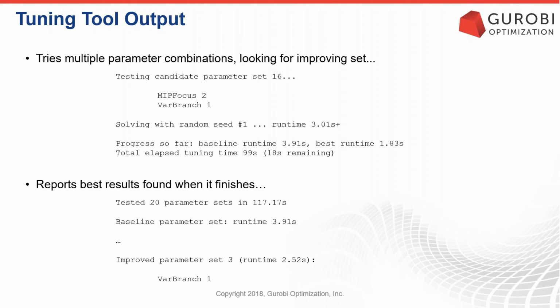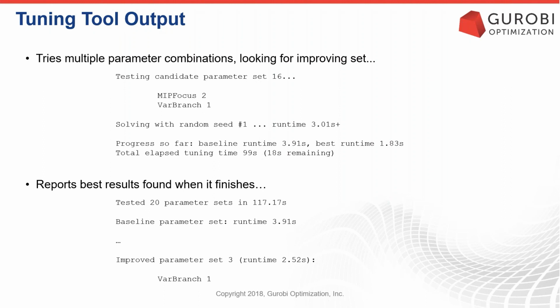And then you see it's solving with random seed 1, so only the first trial. But in a situation like that, the runtime is already not so good. It's 3 point something seconds, and the plus sign here says this was much longer than an already known parameter set that was already identified, so we just stop there and go on and test something else, because we don't expect that we find something with these parameters.